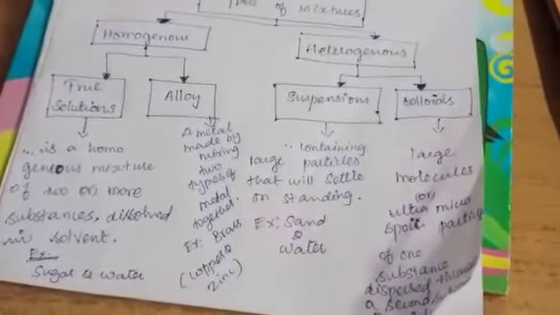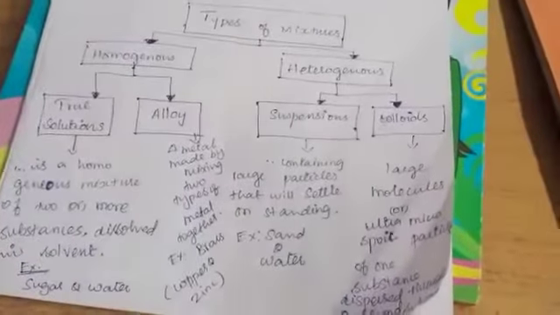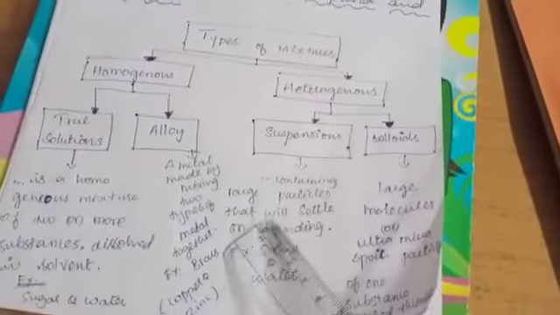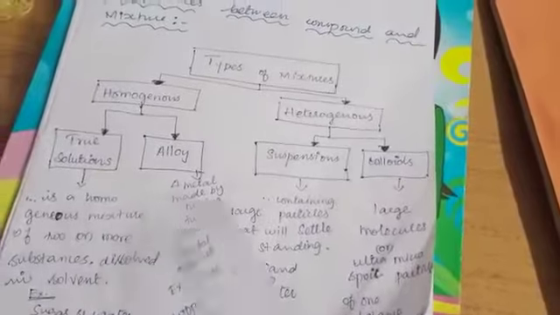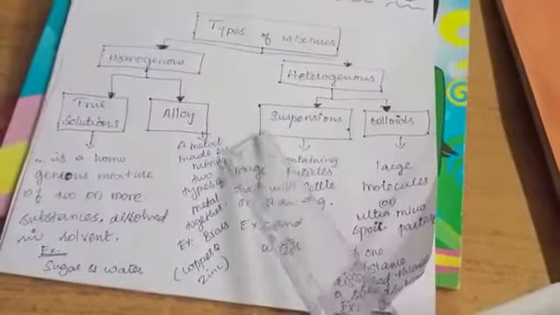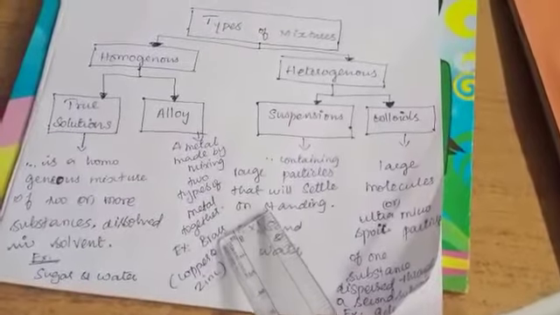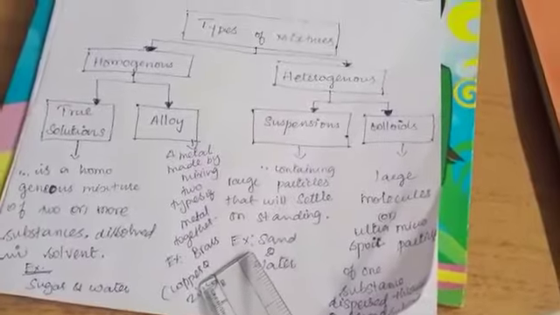Whatever may be any other two elements or atoms or two metals combined together to form a substance is known as alloy. So an example for alloy is brass, because brass contains copper and zinc.